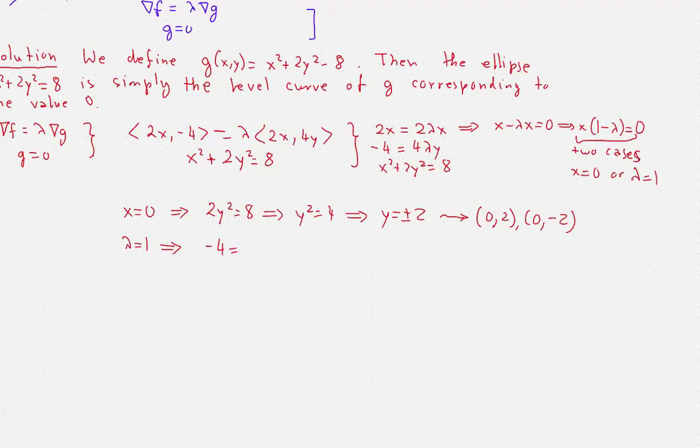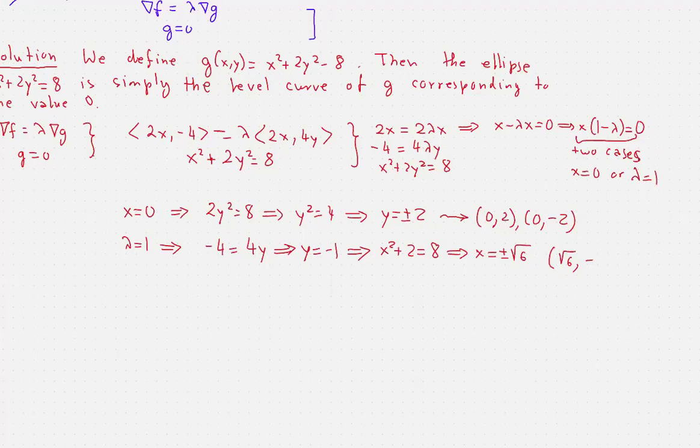Once we know that y is equal to negative 1, again, we go into our constraint function, and we get x squared plus 2 is equal to 8, which means that x squared is equal to 6, and this implies that x is equal to plus or minus square root of 6. So that gives us 2 more points, square root of 6 comma negative 1, and negative square root of 6 comma negative 1.